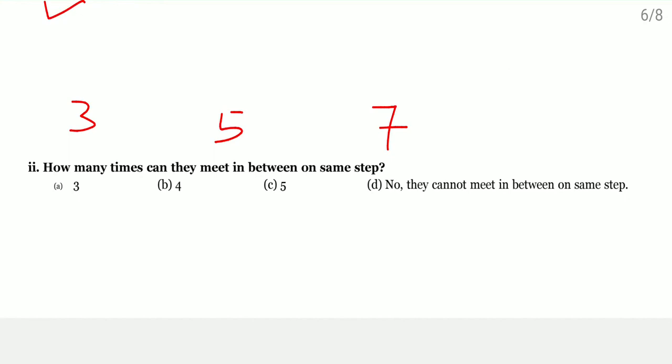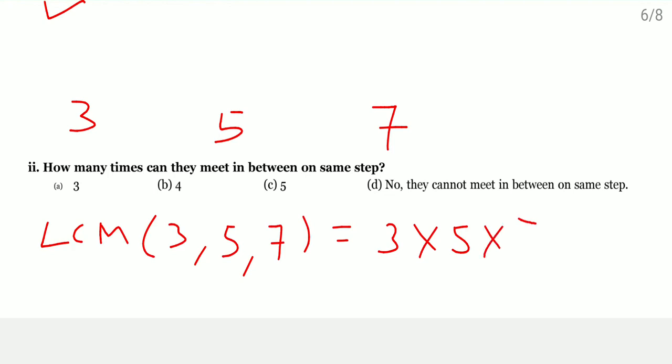Now here, I have to find out LCM of these 3 numbers. Correct? So LCM of 3, 5 and 7. All the 3 numbers are prime. That means I have to multiply all these 3 numbers.